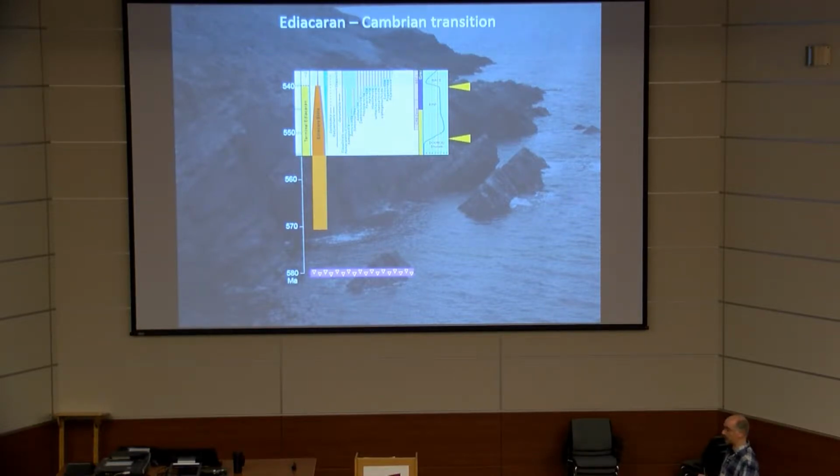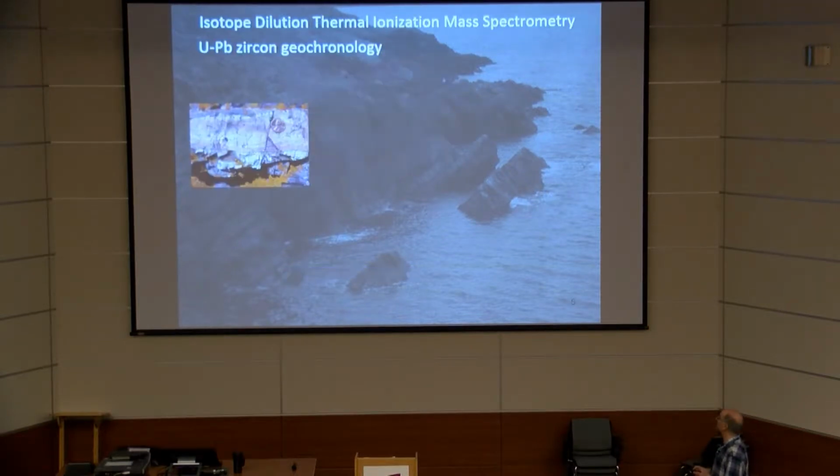I'm hoping to show you some geochronology data, some of which is published, some not yet. Geochronology is important because obviously we need to know the timing of these events at high precision to be able to say something about possible links between them.